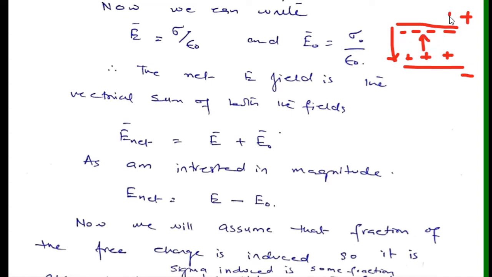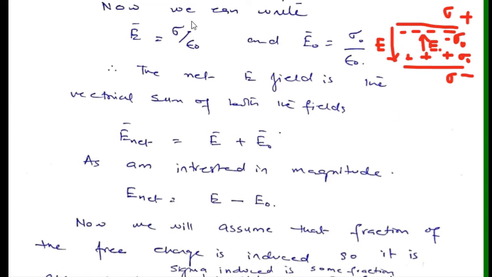So this was sigma and sigma, and this was sigma not negative, and this is sigma not positive, and this will be E naught, and this is E, and the distance between the plates is D, and the area of the plate is A.